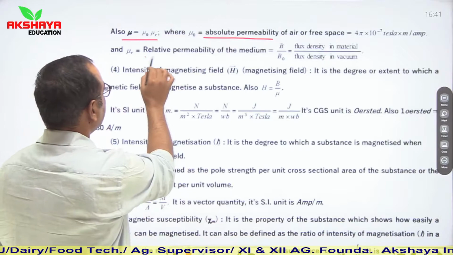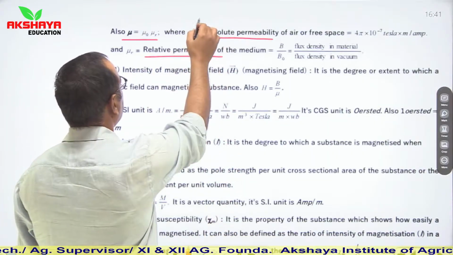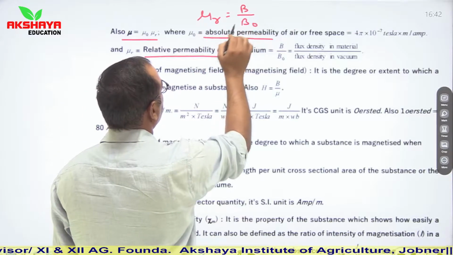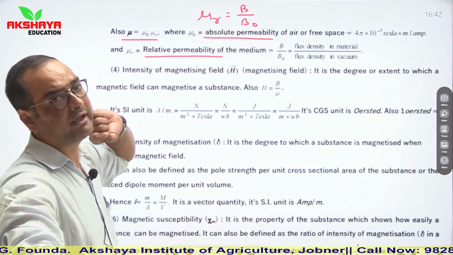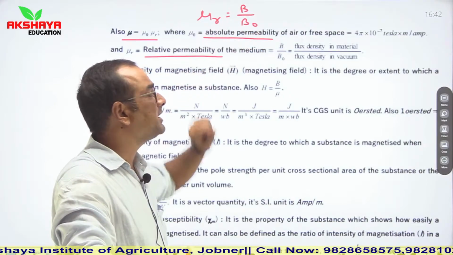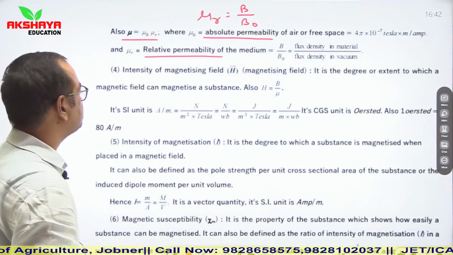Mu r is relative permeability. It can be defined as mu r is equal to B upon B naught. It means magnetic field in medium with respect to magnetic field in vacuum, or in other words, flux density in medium with respect to flux density in vacuum is defined as relative permeability.